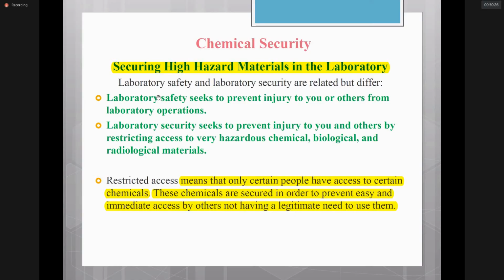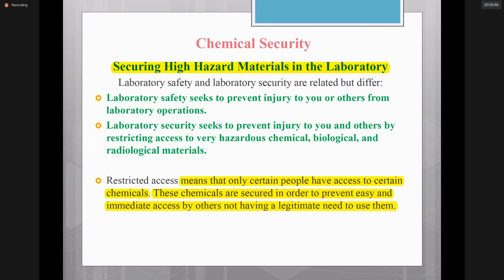بينما lab security, what's it about? It seeks to prevent injury to you or others by restricting access to very hazardous chemical, biological, and radiological material.